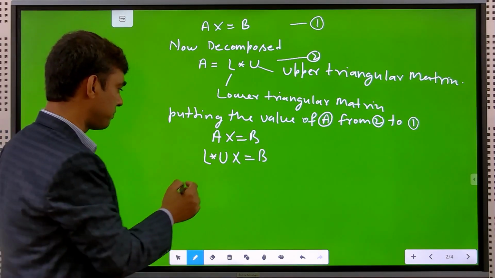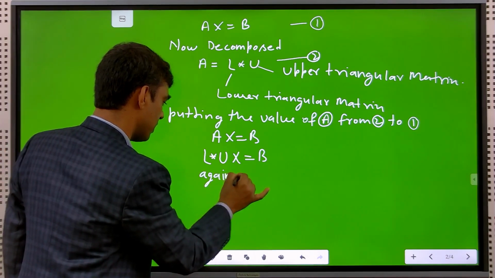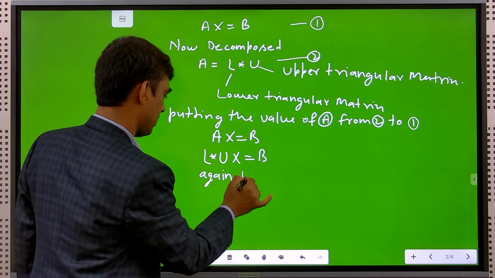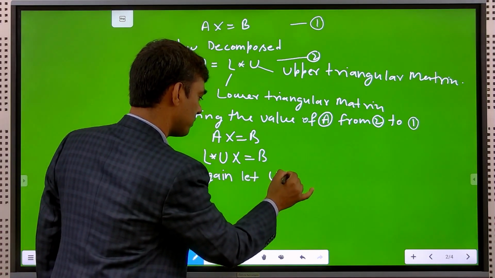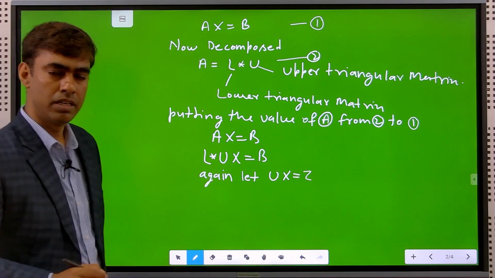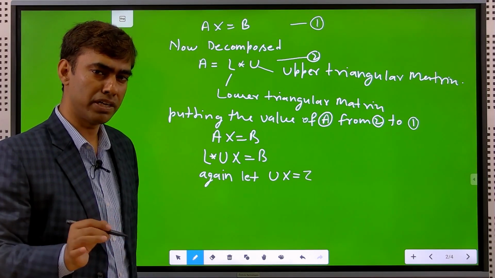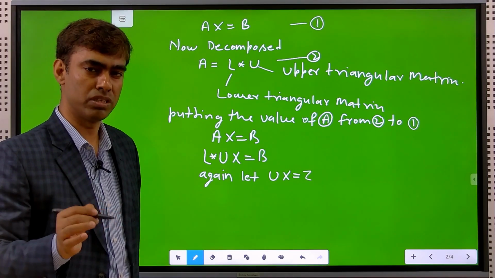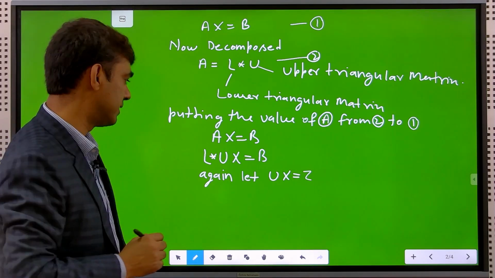Now let Ux equal Z, where Z is a column vector with n unknowns, Z1, Z2, Z3 up to Zn.